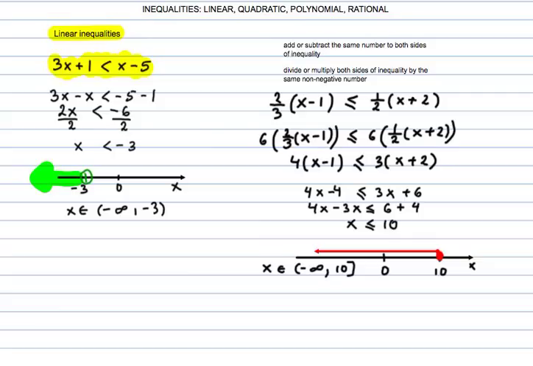So this example shows an inequality that does not have that second possibility of greater or equal or less or equal. So this is simply 3x plus 1 is less, this is important to make note of, than x minus 5.